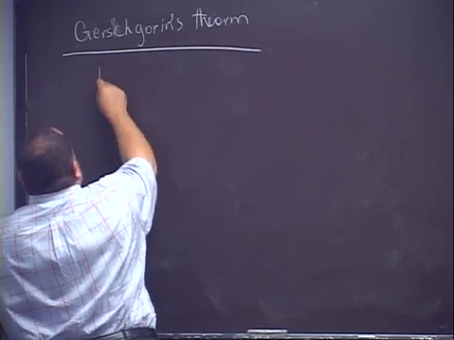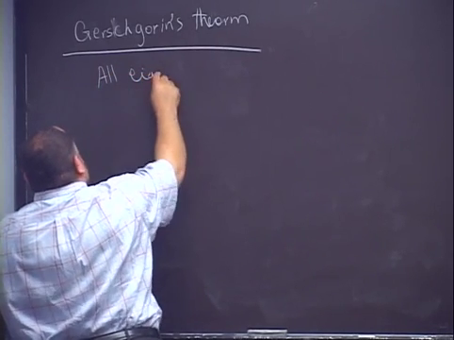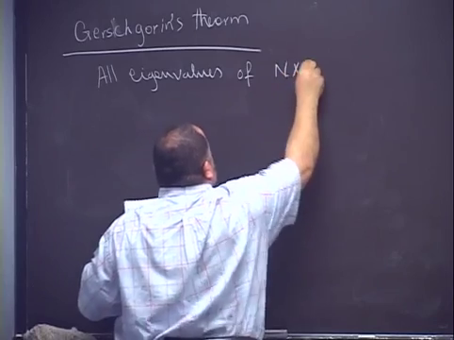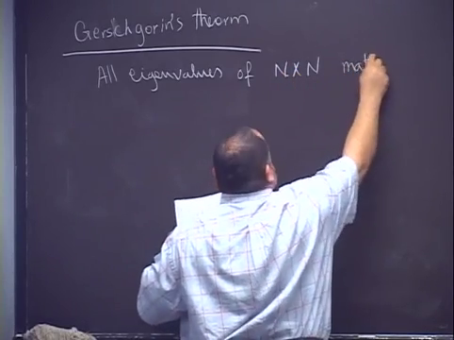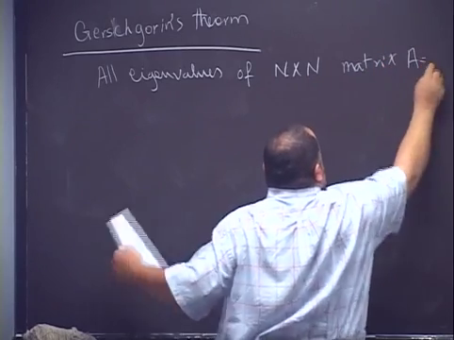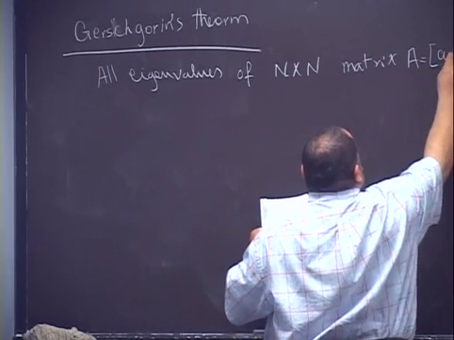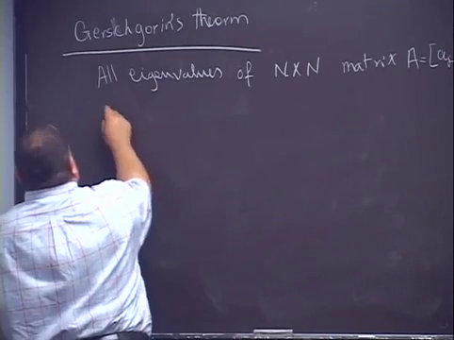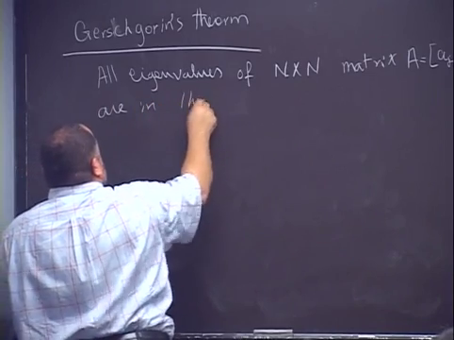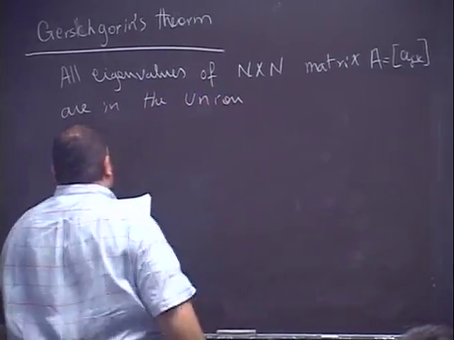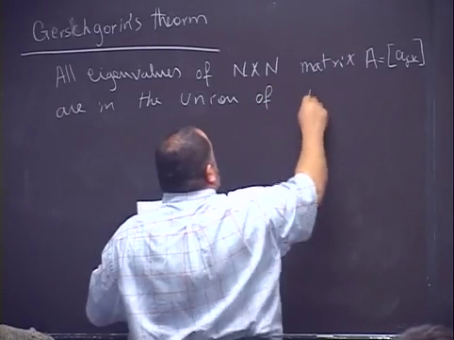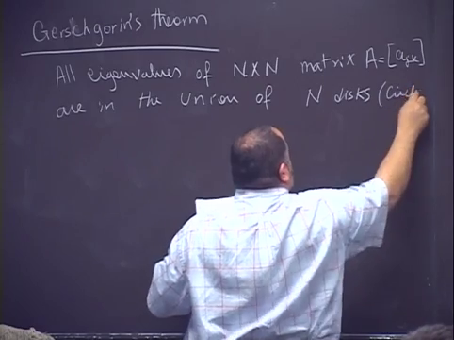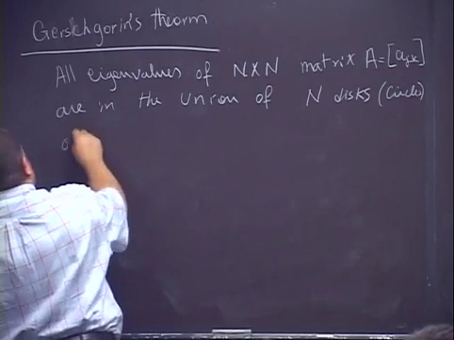And the theorem states that all eigenvalues of an n by n matrix A, where A is just A jk, lie in the union of n disks, or call them circles.